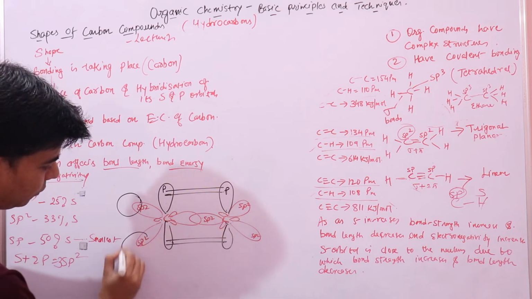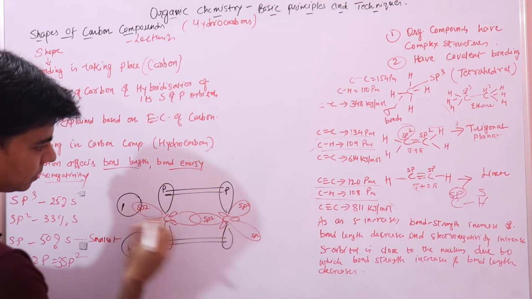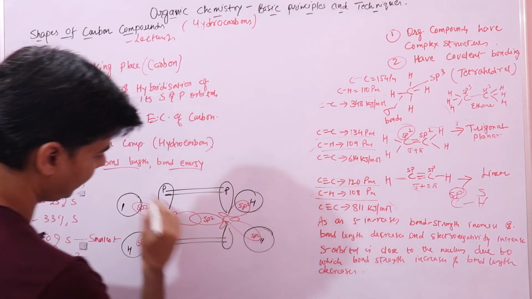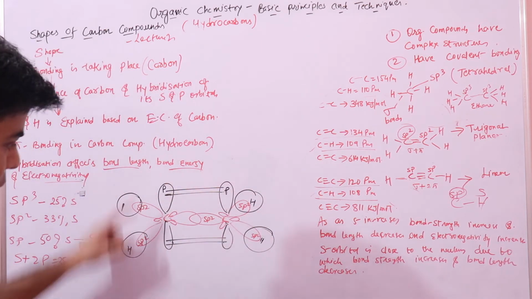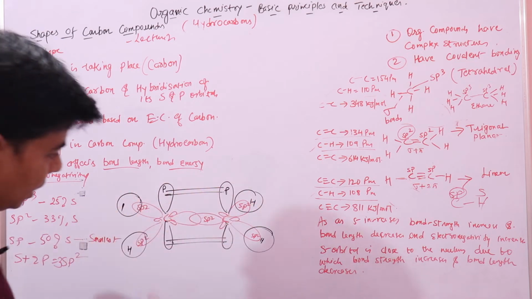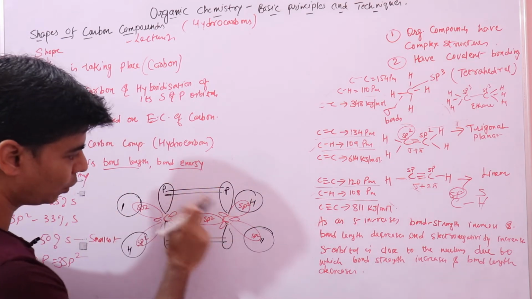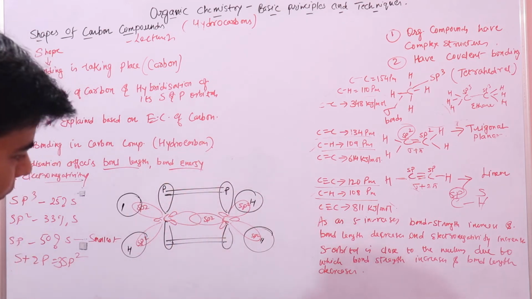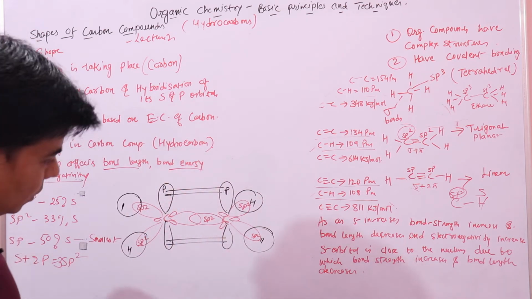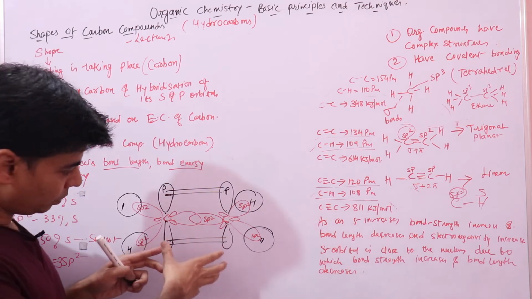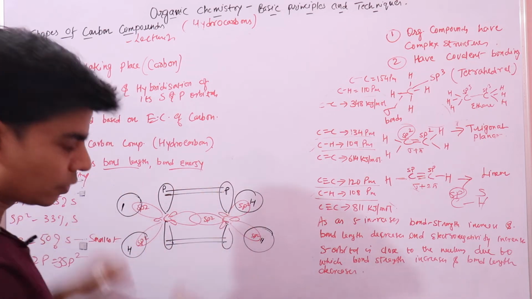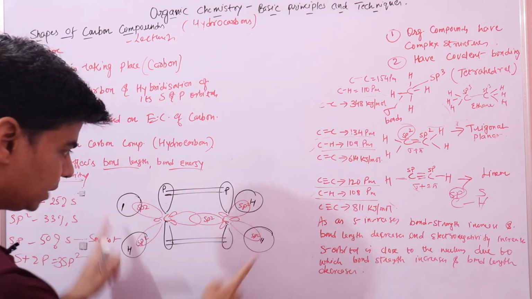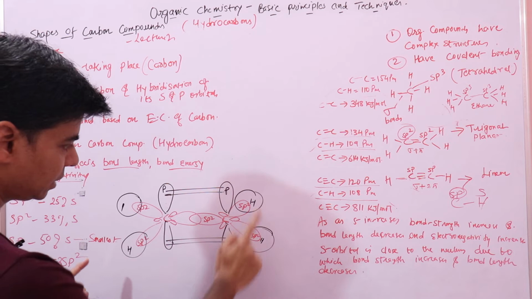If I take the example of ethene, we have these hydrogen atoms here. Only when all these atoms are in one plane do we have maximum overlap between these two p orbitals. So to have maximum overlap, all these hydrogen atoms should be in one plane.